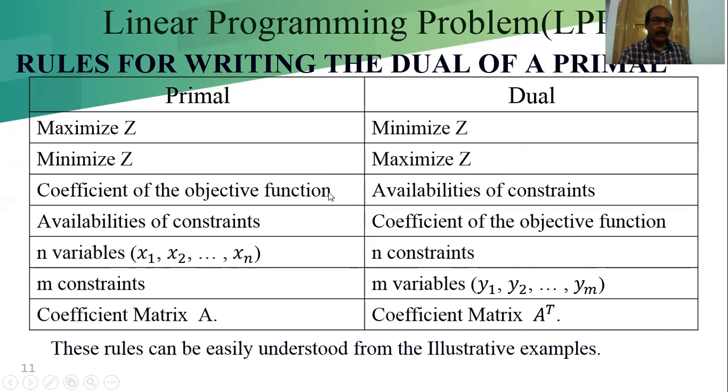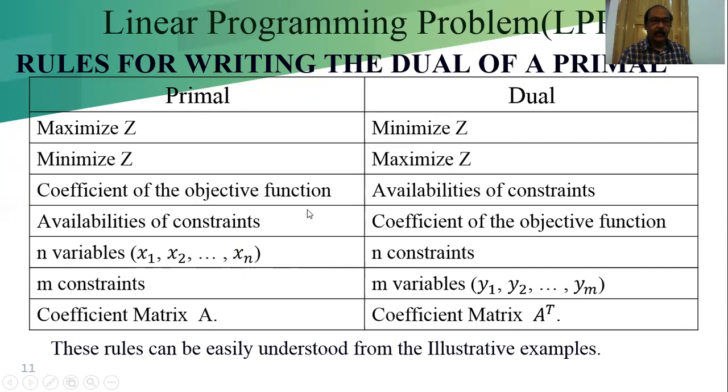Coefficients of the objective function: whatever the coefficients in the objective function, they go to the right hand side of the dual constraints. That is the availabilities of the constraints.